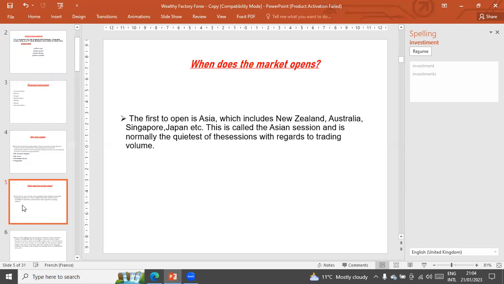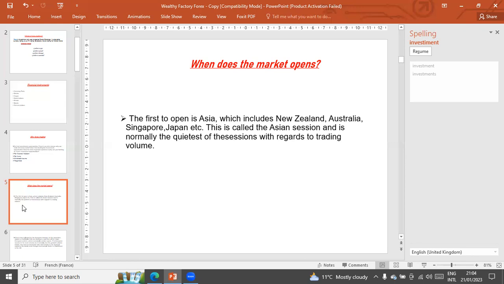So any pairs that are quoted with the New Zealand dollar, Australian dollar, Japanese yen, here you can trade those pairs. Those are the pairs you're supposed to focus on.